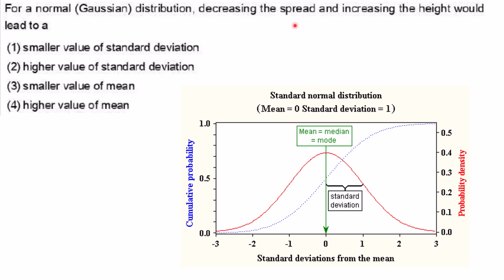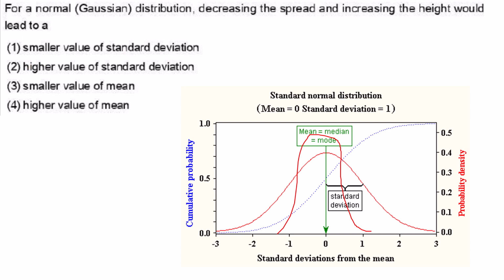Decreasing the spread, so here you decrease this red line, you do like this. This is a decrease in the spread and an increase in the height. Height has been increased, spread has been decreased.